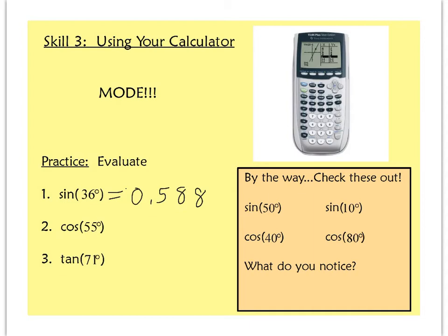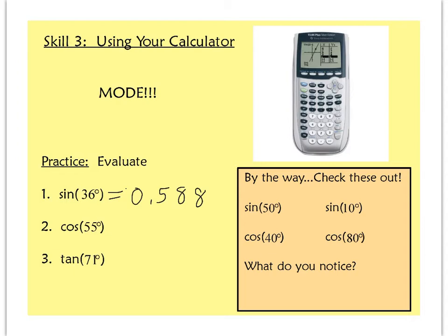If you instead got negative 0.991, etc., on and on, you have your calculator in the wrong mode. You need to go back to mode, go to degrees, and highlight. All right. We do cosine of 55, so we're going to hit the cosine button, which on your calculator is right beside the sine button.